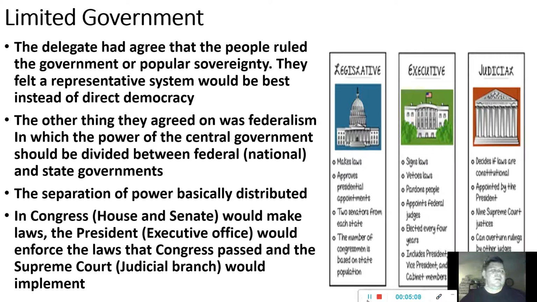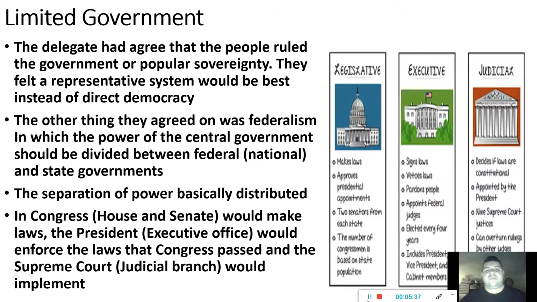So let's say President Trump says, I want to build the wall, I need money. And we would get the proposal. Us, the people who are over 18, who are registered to vote, we would get the proposal. We'd have to read through it and say, yes, we agree with it, or no, we don't agree with it. So we would have to go vote. That's direct democracy, it comes directly from the person.